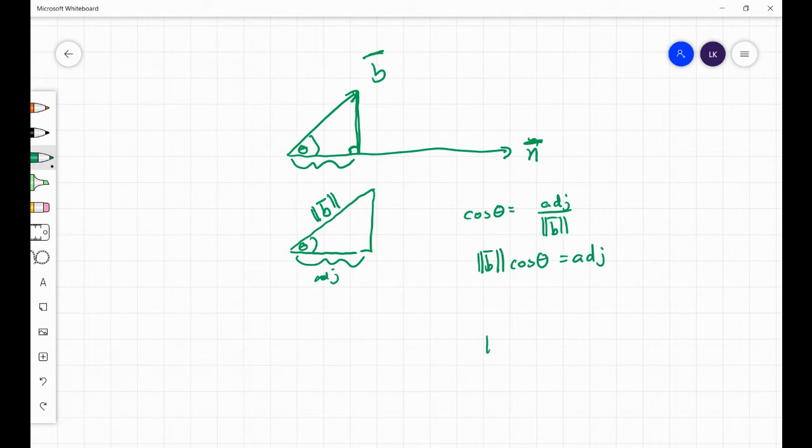And now suppose we multiply this by a unit vector pointing in the direction of n. And then you might recognize this from the formula, the product of the magnitudes of two vectors times cosine of the angle between them is exactly defined to be the dot product.